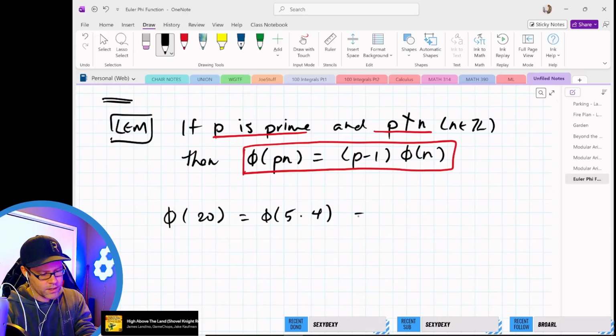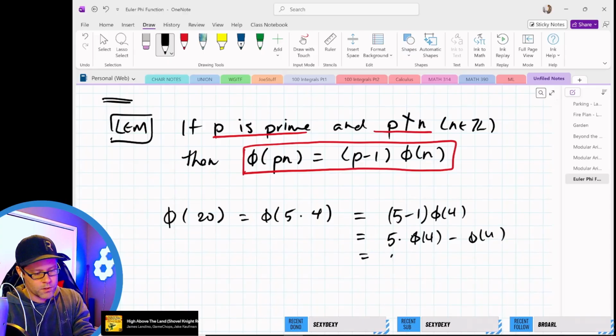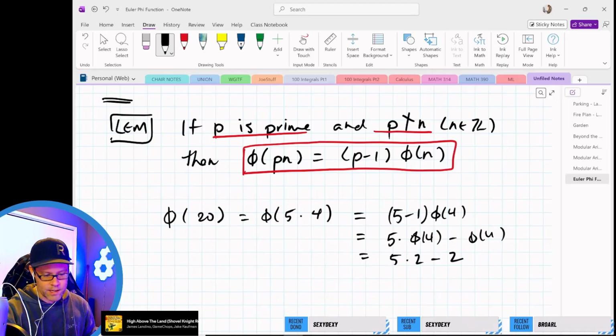So they're saying that this should come out to be 5 minus 1 times phi of 4. So in other words, I get 5 times phi of 4 minus phi of 4, and that should be 1 and 3. So it should be 5 times 2 minus 2, or 10 take away 2.